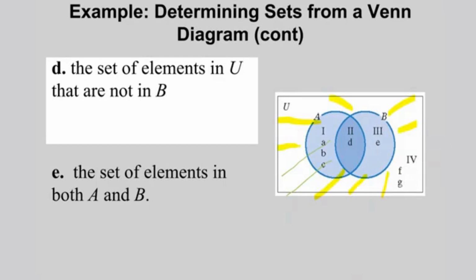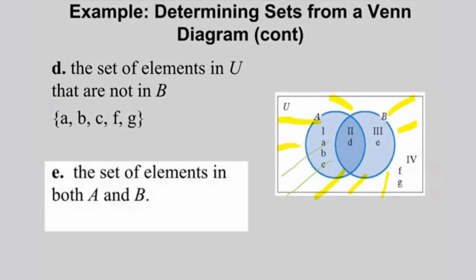The elements that you can find outside of B are A, B, C, and F, G. Now, the set of elements in both A and B. What are the elements that are in both A and B? Those are the intersection of A and B.